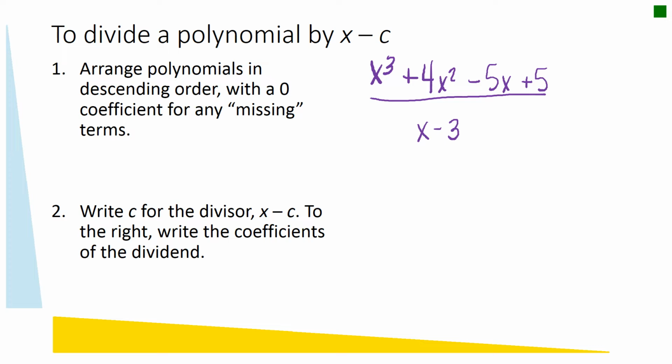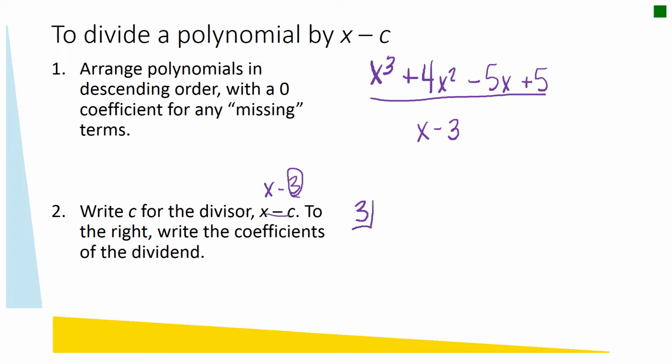So we're going to take our divisor, x minus 3, that is the same thing as x minus c. To the right, we're going to write the value c for the divisor, which is our 3, we don't put that negative in it, and we're going to put that in a little box.